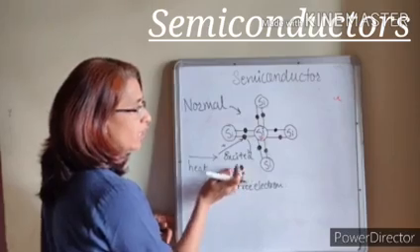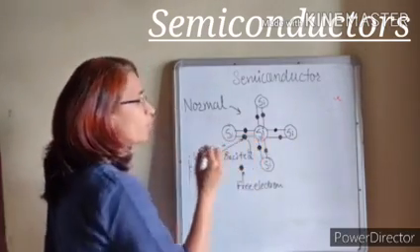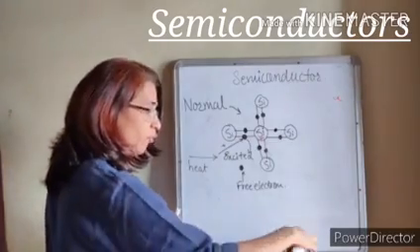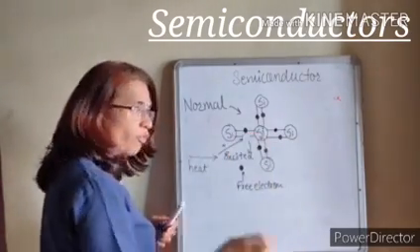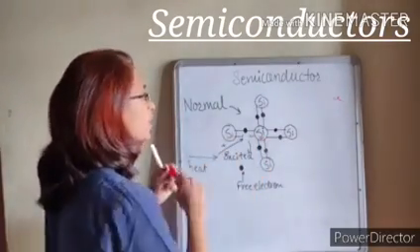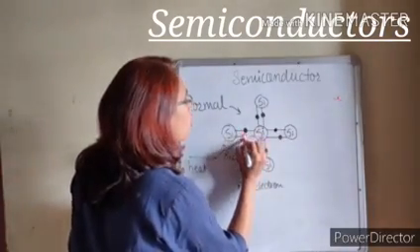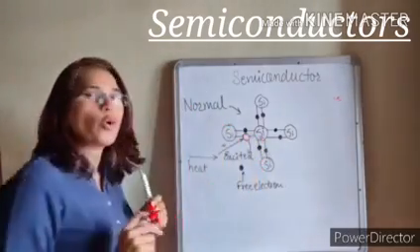If the electron is here, there should not be any electron here. If there is no electron, it means there is a lack of electron, which means there is a formation of a hole.